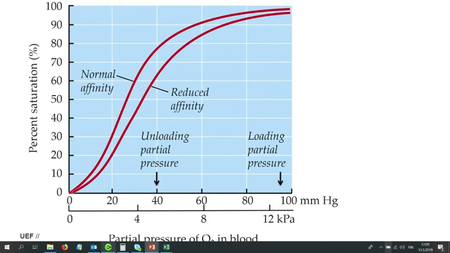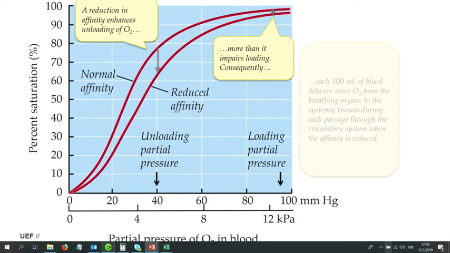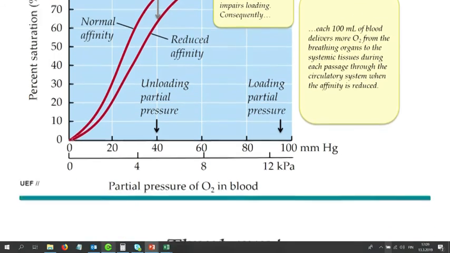Because at low affinity, we can release more oxygen, but still the saturation happens at quite much the same partial pressure. And that's why we can then release more oxygen to the circulation and for the use of the cells. Thank you.